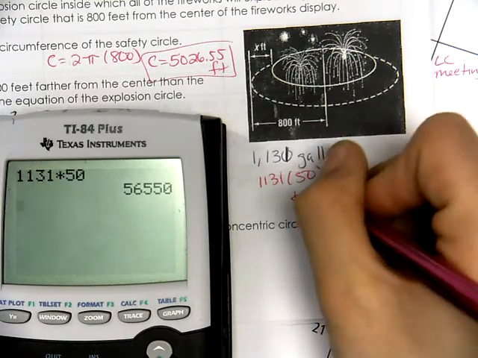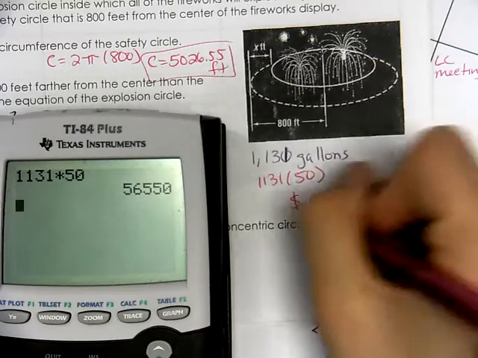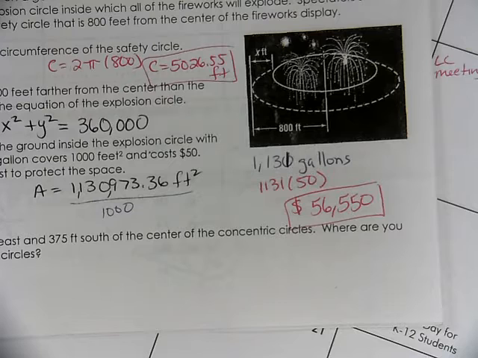So the city's going to have to pay $56,000 to cover that area, which is a lot of money. All for fireworks. Questions?